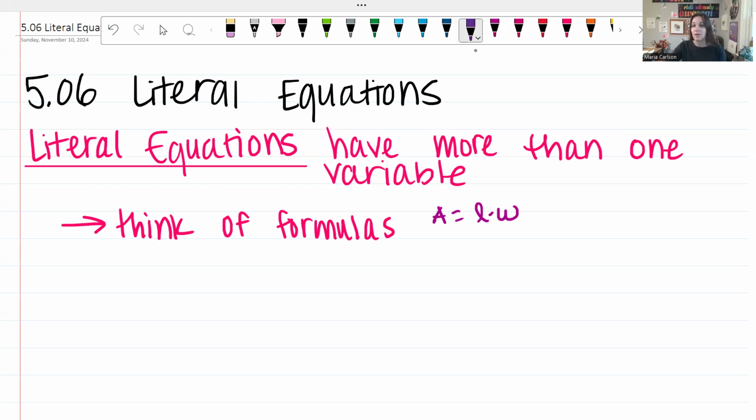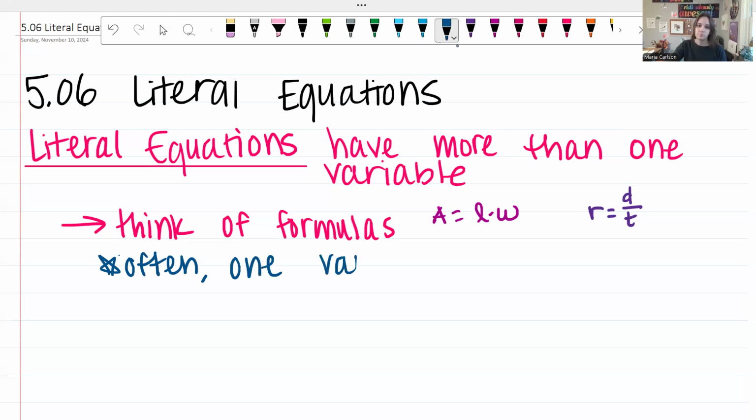Another one we see a lot is rate, or speed, is distance over time, right? Or maybe even circumference equals pi times diameter. There are lots of different formulas, but what I want you to notice about these formulas is that often one variable is isolated.